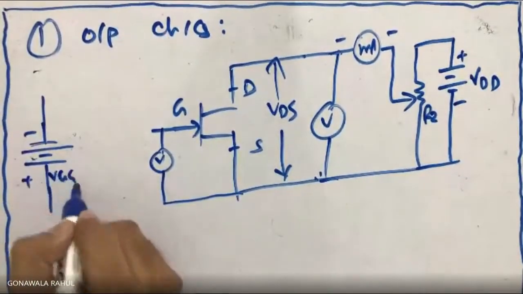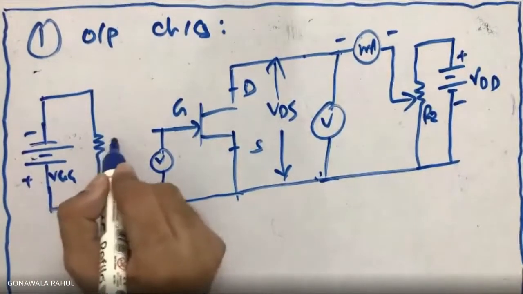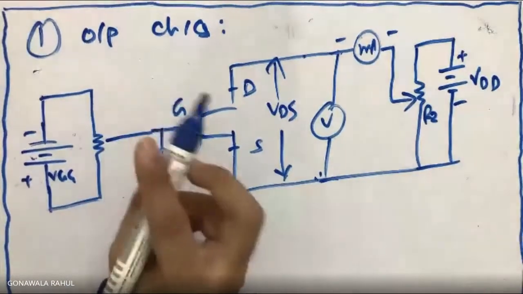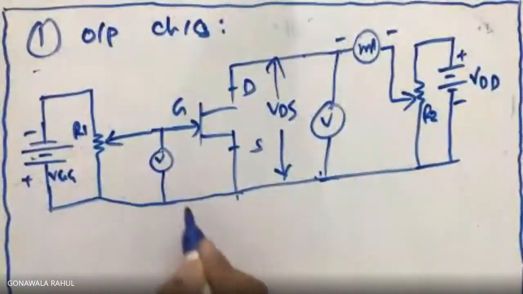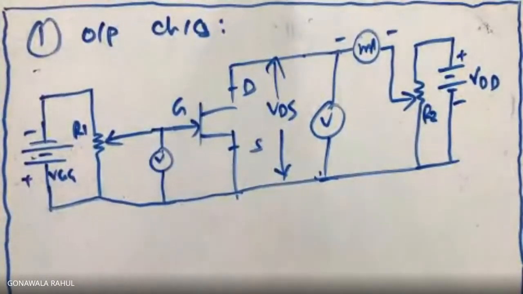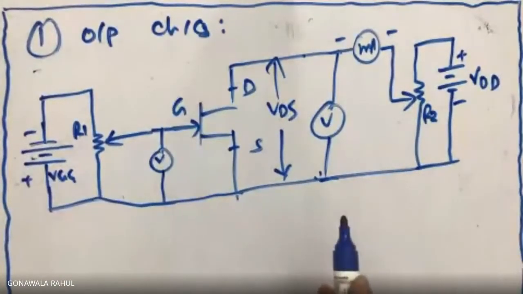This is my VGG, but to allow variation, I put a variable resistance, R1, let's say. So this would be the circuit, as meant to plot our JFET characteristics.